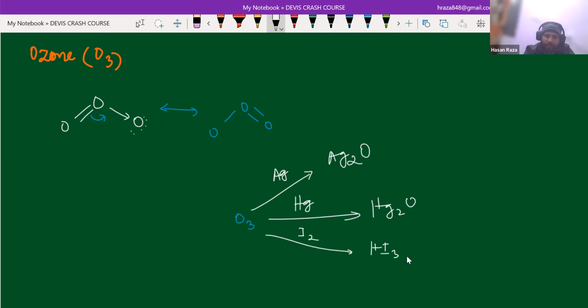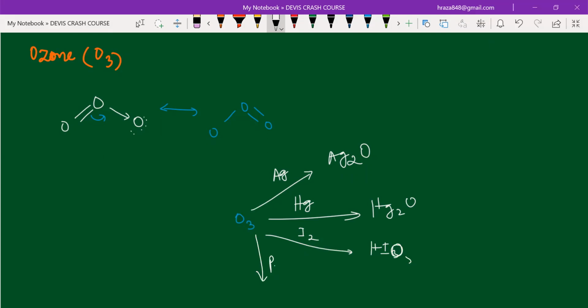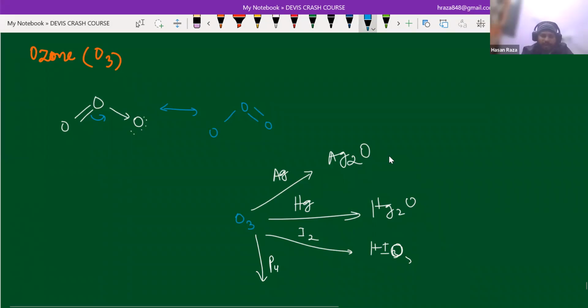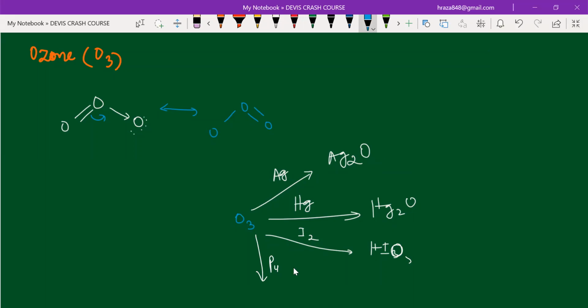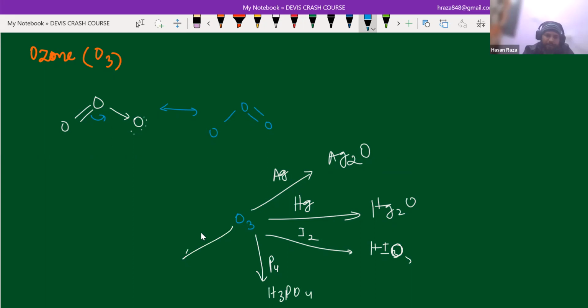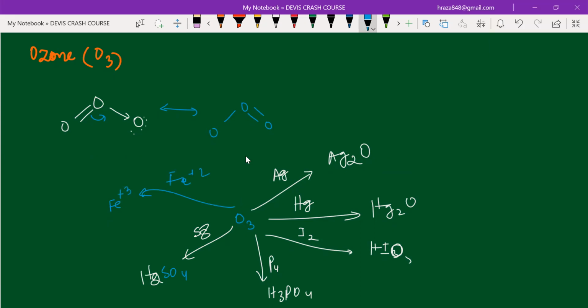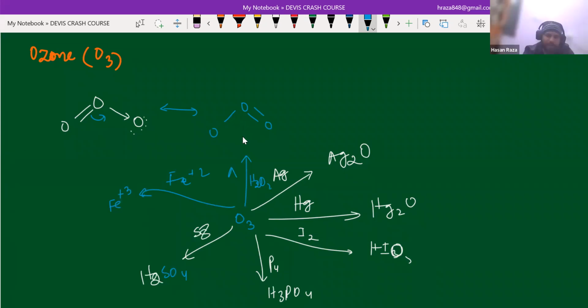If it reacts with P4 in some solvent, it will form H3PO4. With acid, it will react with H2SO4. With Fe+2, it will convert it into Fe+3, oxidizing it. And if you react it with H2O2 and heat it, it will be converted into O2.